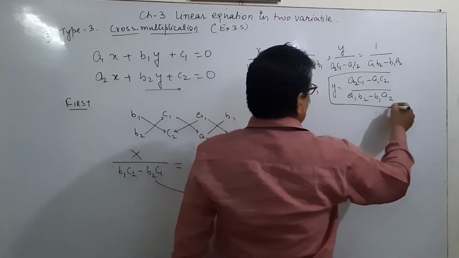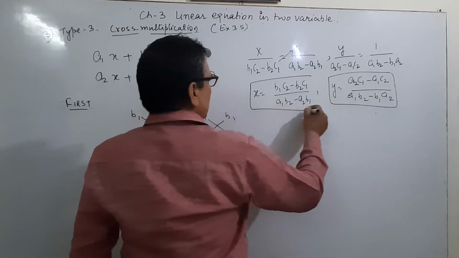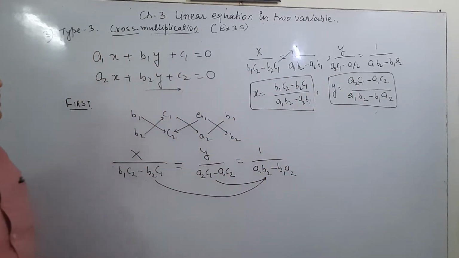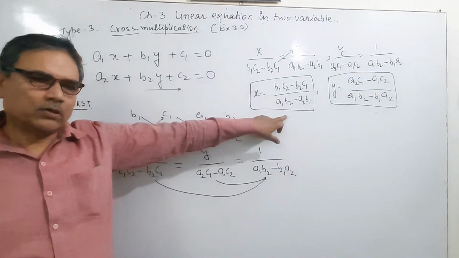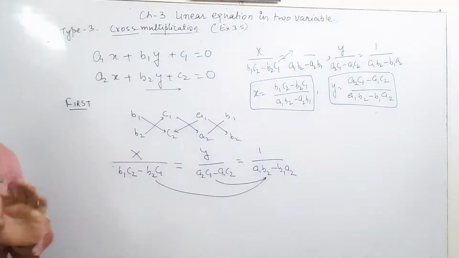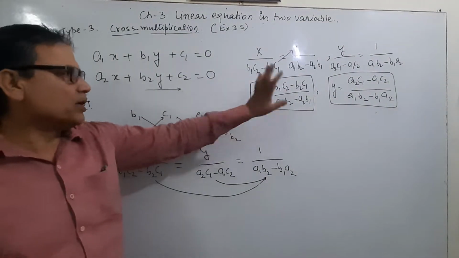This is the value of y and this is the value of x. Either you can directly apply this formula, or you can do by this method. If you know the formula directly, then you can do it.